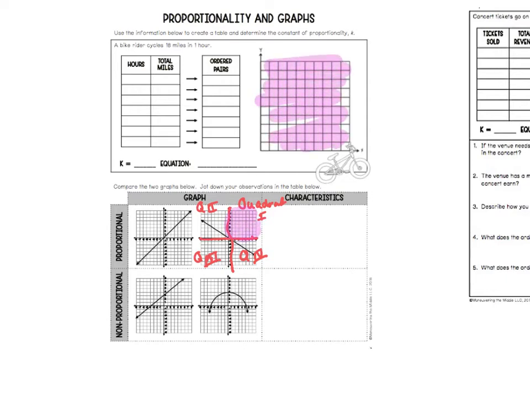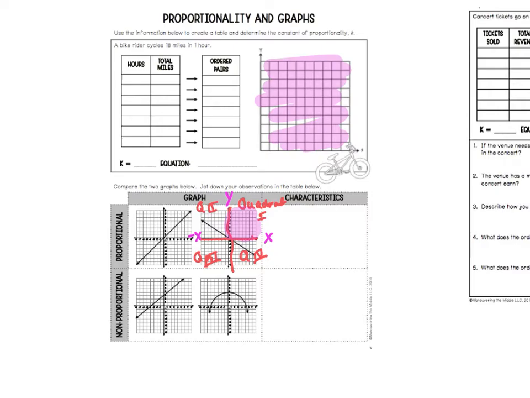It's quadrant 1, and that's because all of the y values and the x values are positive. So if I go over here to quadrant 2, then my x values are negative x values, and my y values stay positive. And so each quadrant has a different set of ordered pairs. So we're going to stick to quadrant 1 when we do our graph, but right now let's go on to the characteristics.